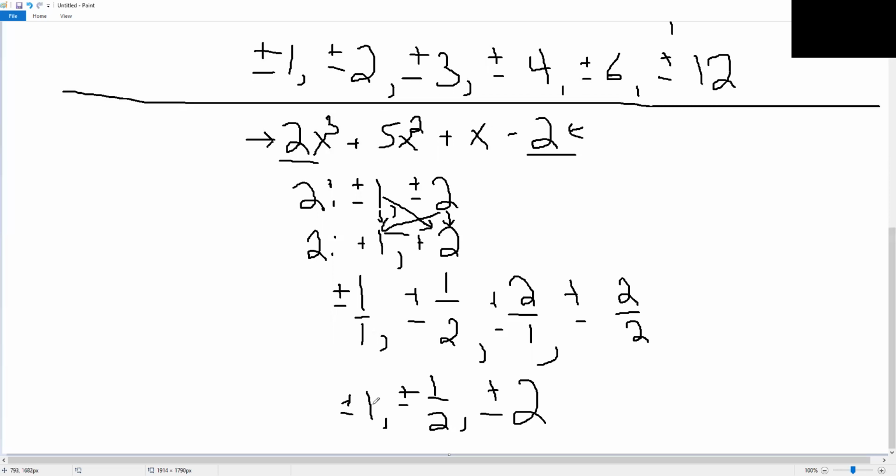We already have 1 right here. This is our 1. So we will just leave the 1 there and not add another one because there's no need to. And that is the possible rational zeros for that polynomial.